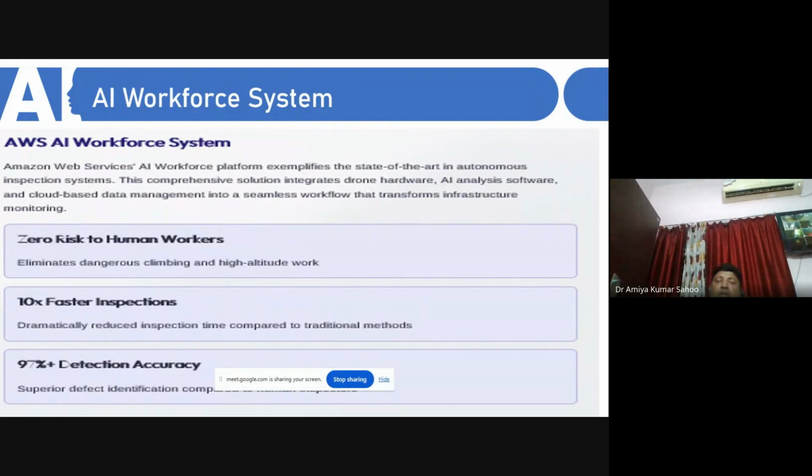This comprehensive solution integrates the drone hardware, the AI analysis software, very important, we know software governs the hardware, and cloud-based data management into a seamless workflow that transforms infrastructure monitoring.